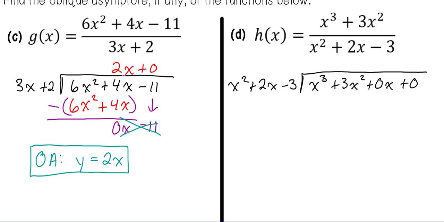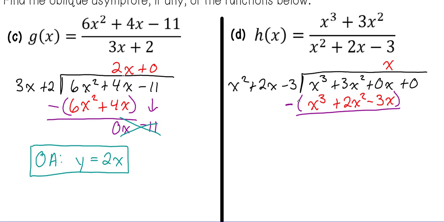I multiply it times 1x. So that means I need to put it above the x column. x times x squared is x cubed. x times 2x is plus 2x squared. x times negative 3 would be negative 3x. And then I need to remember to subtract everything on the inside.